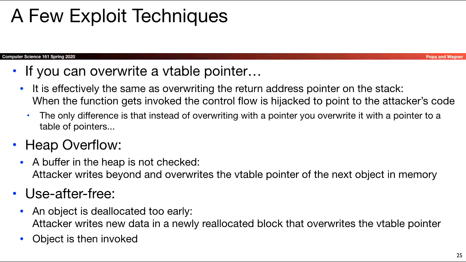So if there's some other code that's run or if there's another thread and there was another allocation that happened, that freed memory might have been assigned to another object of a different type. And so when you write new data, you might be able to overwrite a vtable block. So if your code ever writes to an object after it's been freed, you will also have a security vulnerability akin to a buffer overflow.